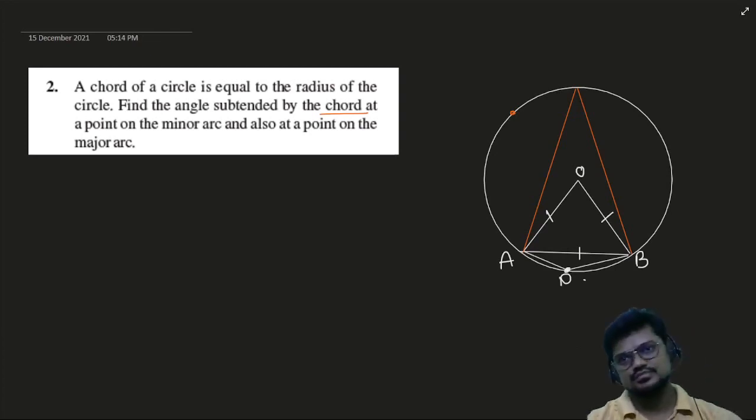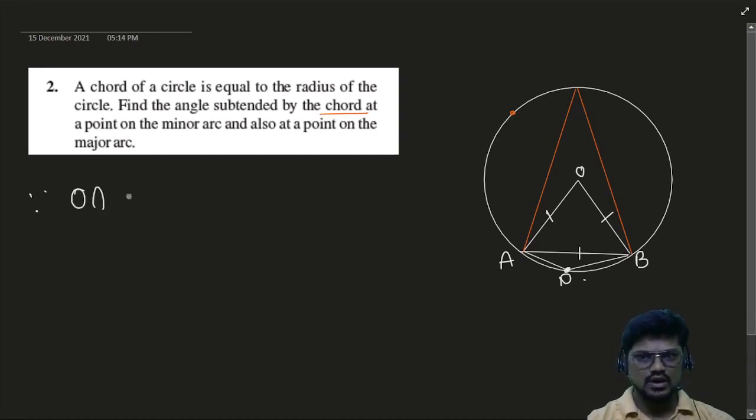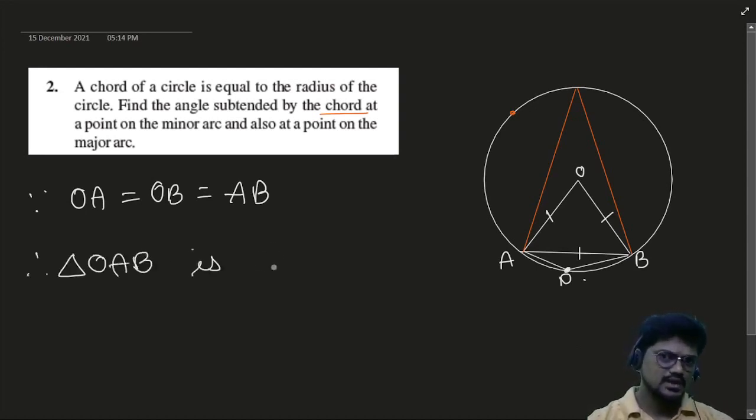Now, what is required? You need to find angle ADB first. Since OA equals OB equals AB, triangle OAB is an equilateral triangle.